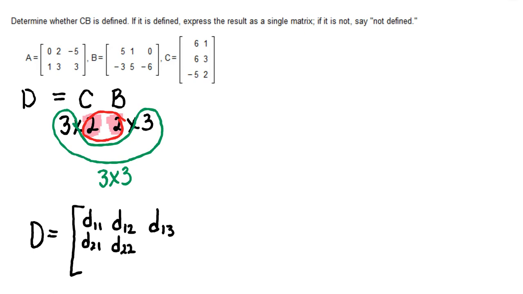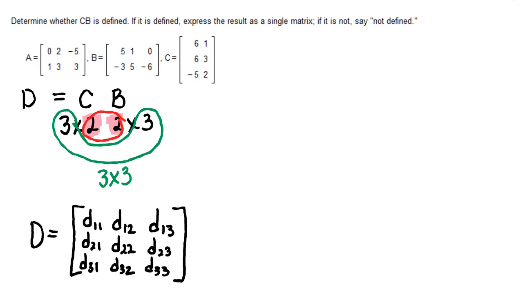D22, row 2, column 2. D23, and I think you guys are getting the picture, so we have D31, row 3, column 1, D32, and D33. Each one of these entries represents a calculation that we have to do in this matrix multiplication.